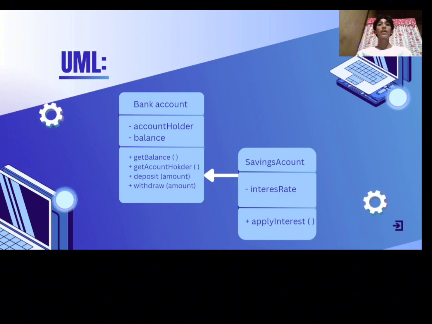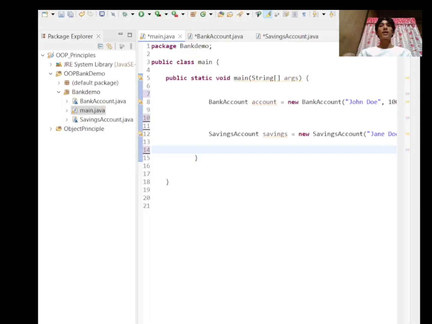I have here the given UML diagram that we discussed, and we will code it to understand inheritance, polymorphism, and so on. So, before we proceed, the IDE I am using is Eclipse.